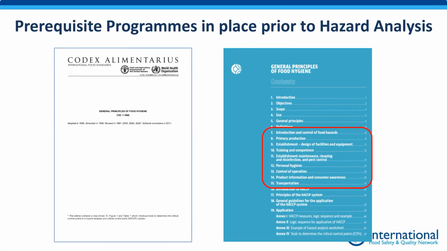So as per the Codex General Guidelines for the application of a HACCP system, prior to the application of a HACCP system, food businesses should have in place prerequisite programs including good hygienic practices.